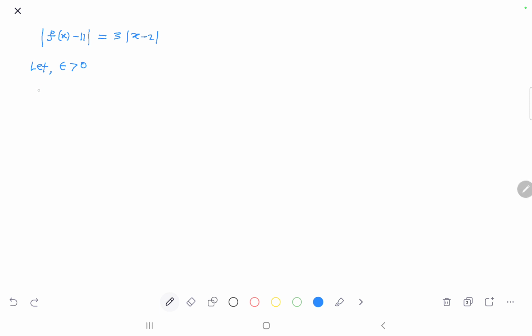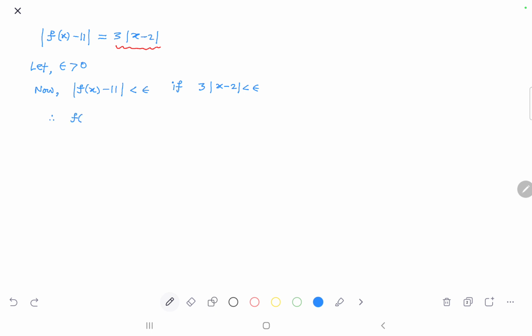Now, f(x) minus L, I mean 11, is less than epsilon if this expression is less than epsilon, right Mayan? Is it okay? Mayan? Yeah. All right.